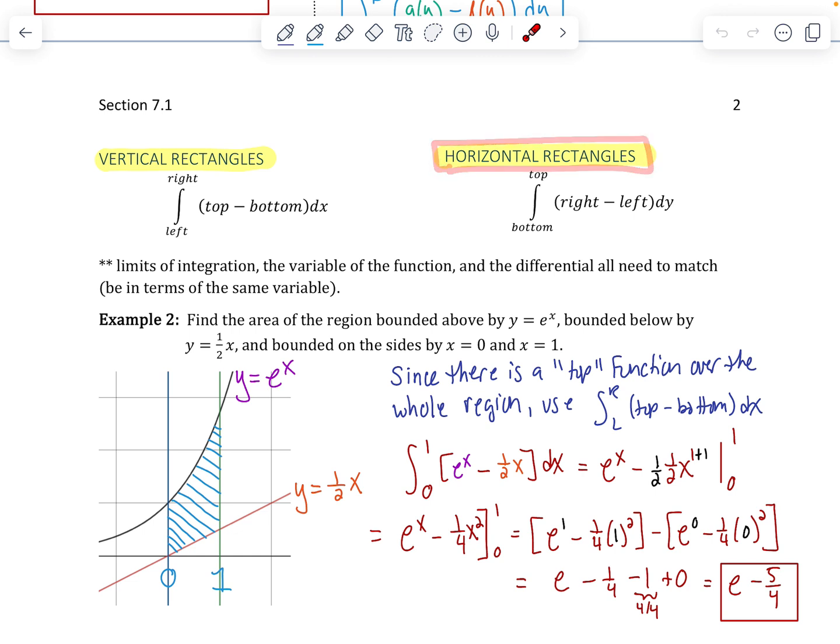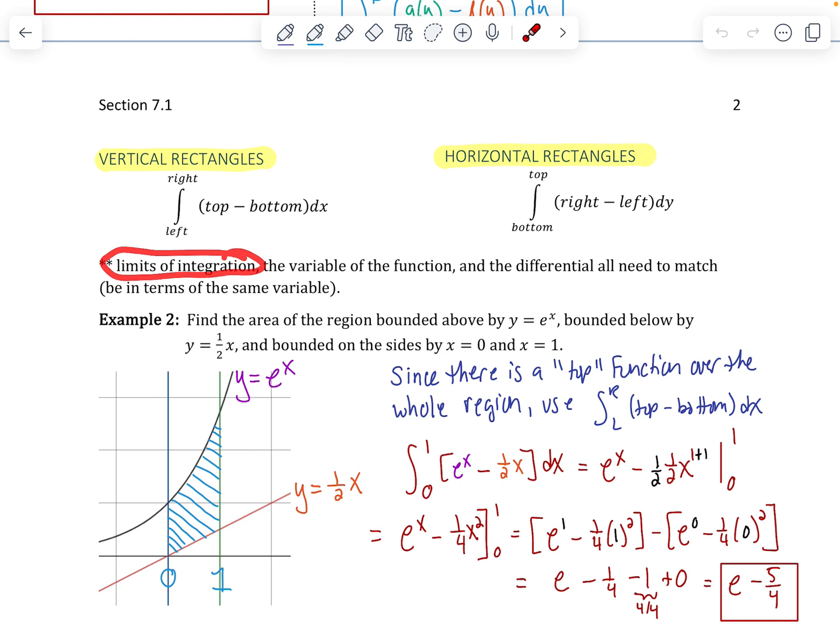Otherwise, if we have to revert to horizontal rectangles, because there is no top function throughout the entire interval, or the top function is also the bottom function, then for horizontal rectangles, we integrate from the bottom y height to the top y height, which is why I say dy, and we integrate from the furthest right function minus the furthest left function.